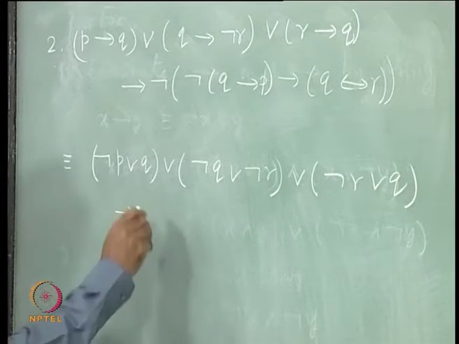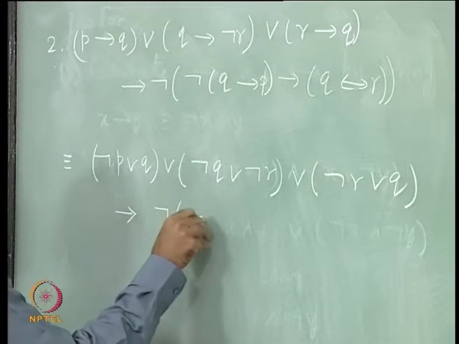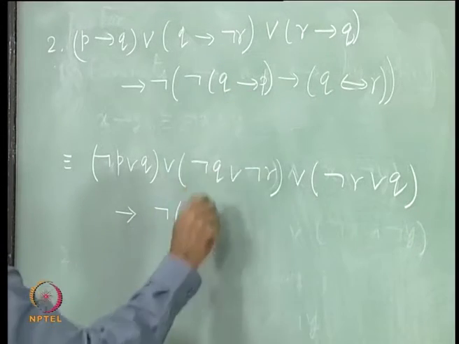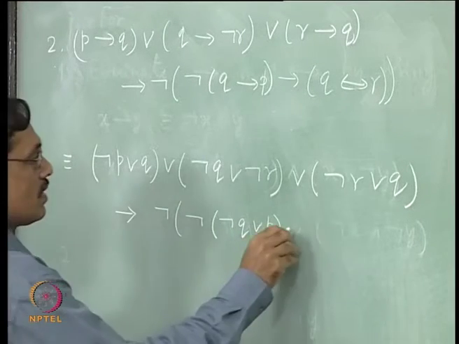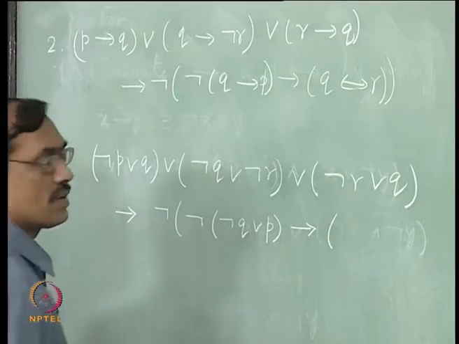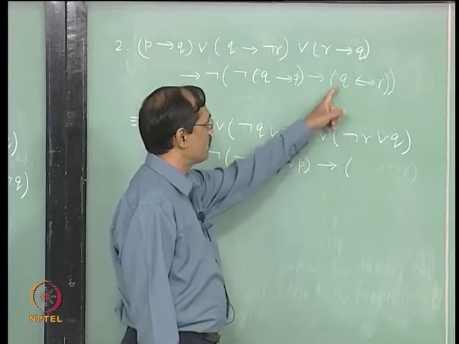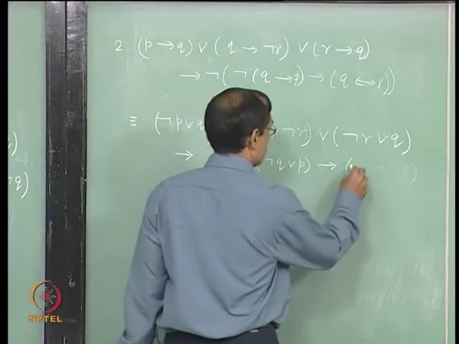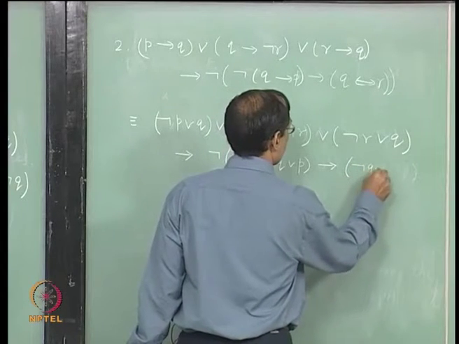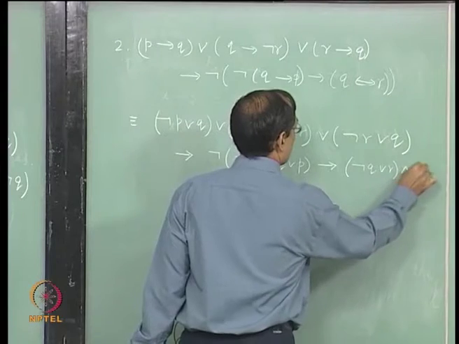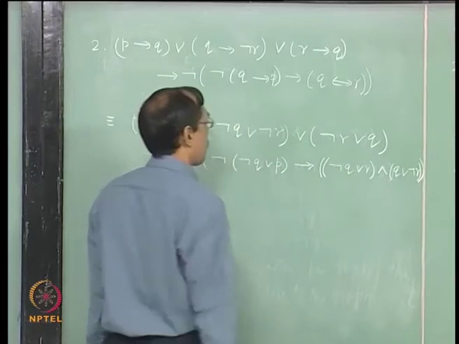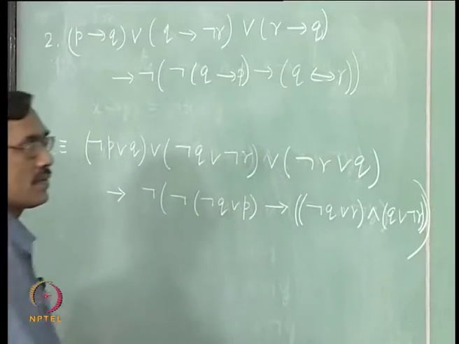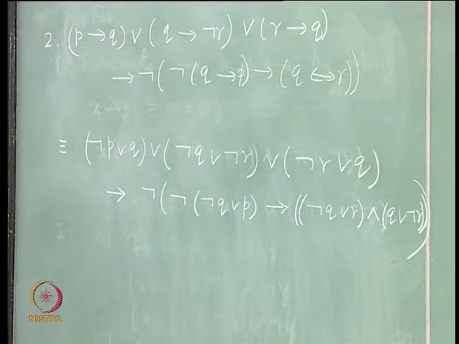So, implies now not of, not, so you say not Q or P, again keep it. Now, Q biconditional R, which is not Q or R and Q or not R. One more bracket, okay.